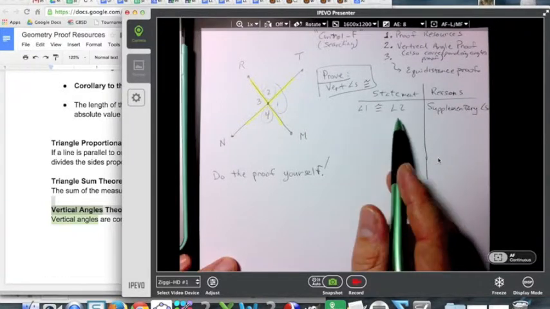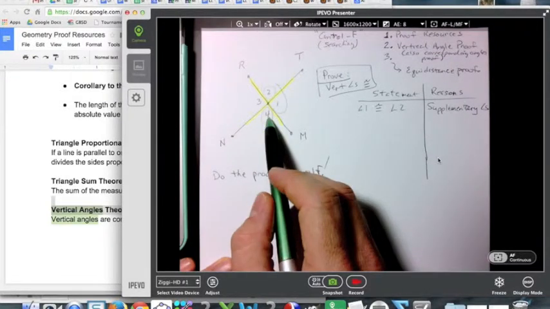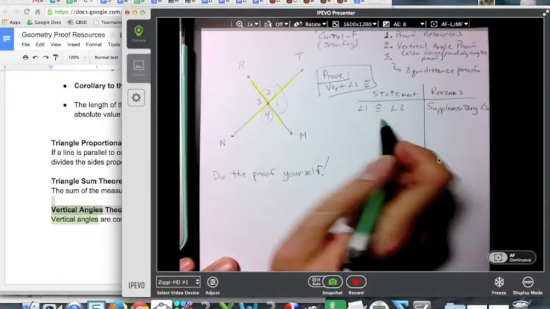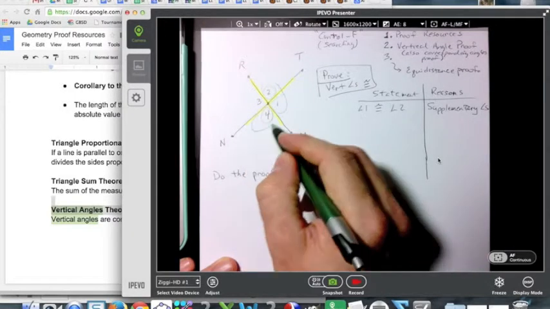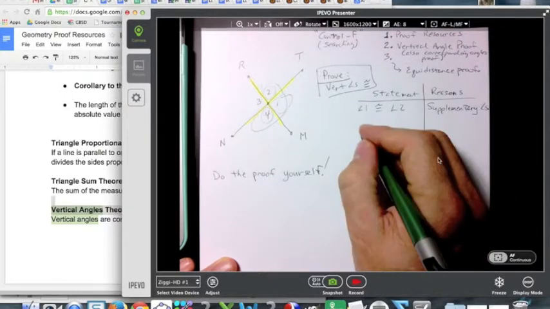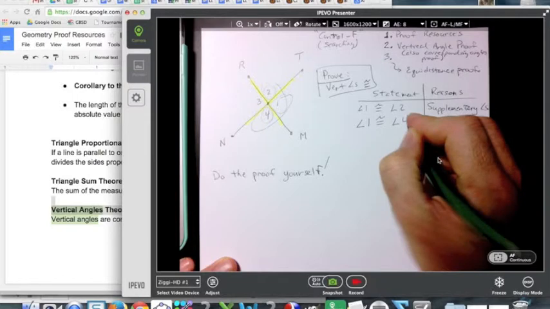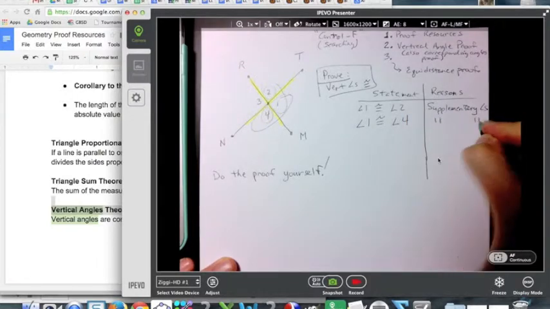Now, since I'm trying to get to 2 and 4, the next thing they show you is that we can say the same thing about 1 and 4. So let's go ahead and do this.